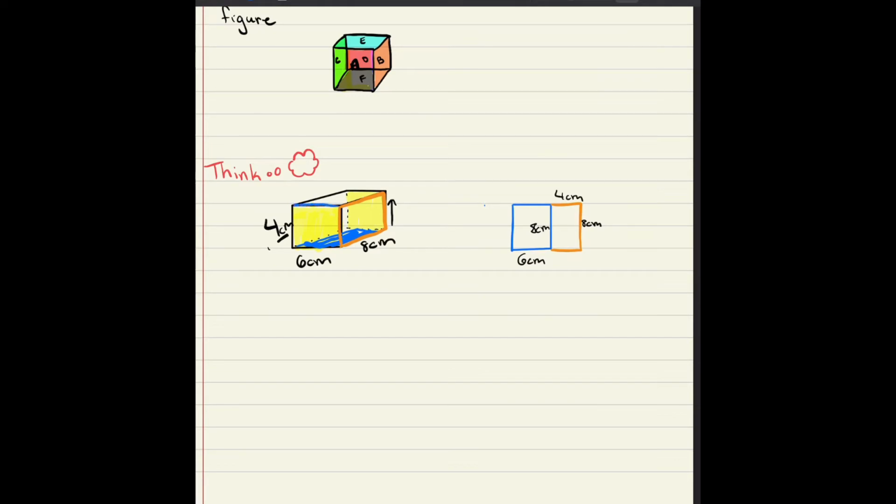So I would have this shape, which is the top, and it's the same measurements because it is reflecting from that bottom one, and they're all parallel, so it's the exact same.